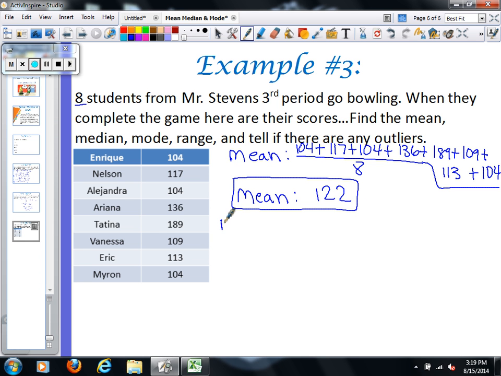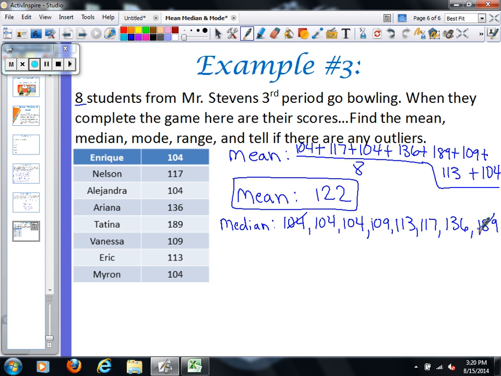Next, median. Smallest to largest, you got 104, 104, 104, there are 3 of them. Then it looks like 109, 113, 117, 136, and 189. And now let's cross them off.